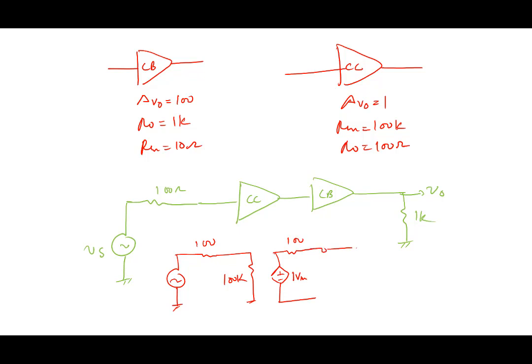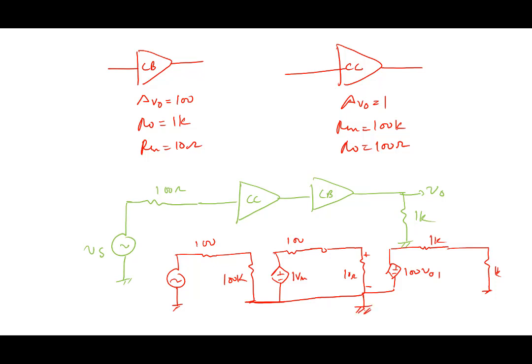Then you put common base here, which is only 10 ohms, and then you put plus minus here, the common base output is 1K, and then it's connected to 1K here. This is 100 times V01, this is V01, right?